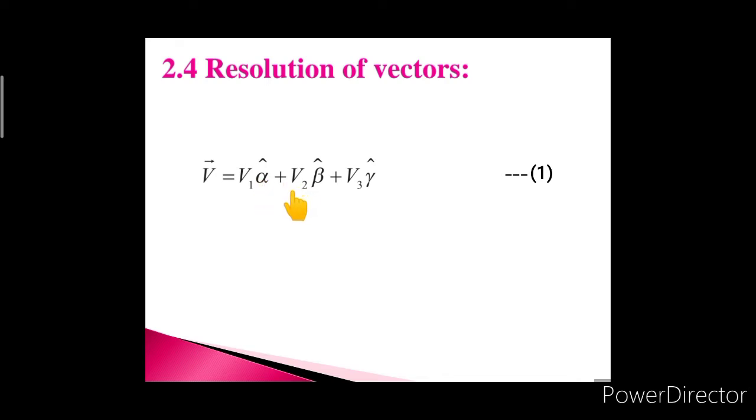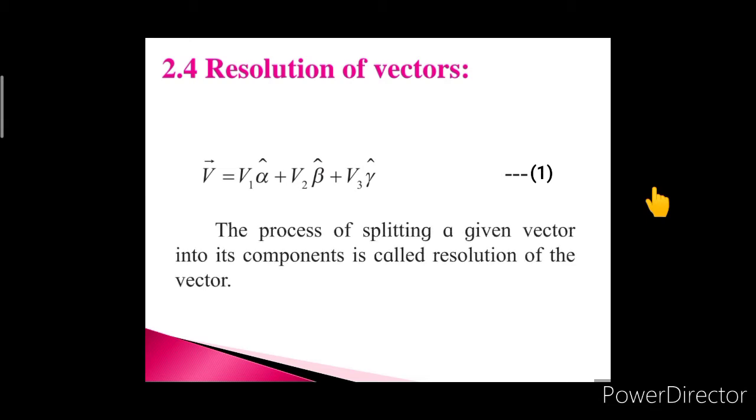Vector v is also split into a component v2 whose direction is along beta cap, and similarly into its component v3 along the direction of gamma cap. So this process of splitting a given vector into its components is called resolution of vectors.